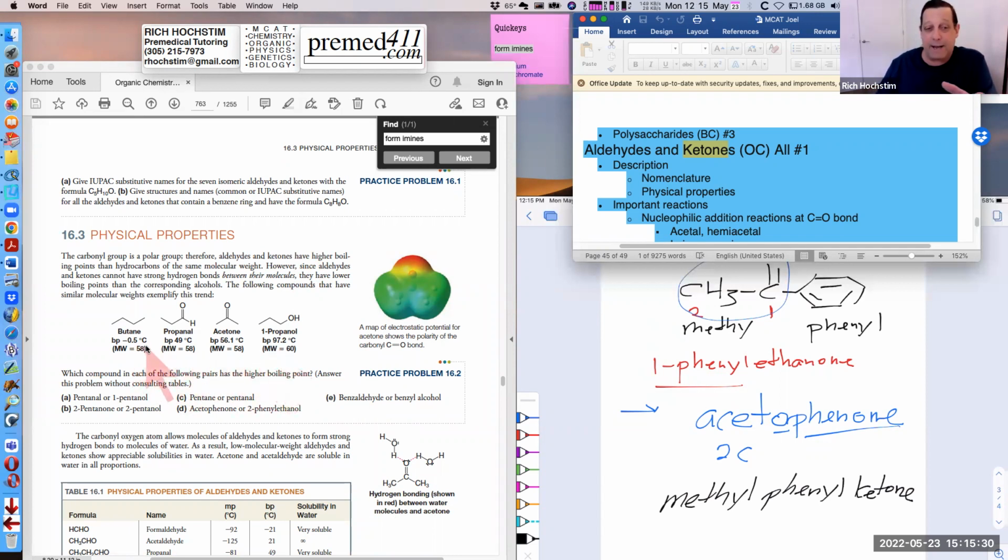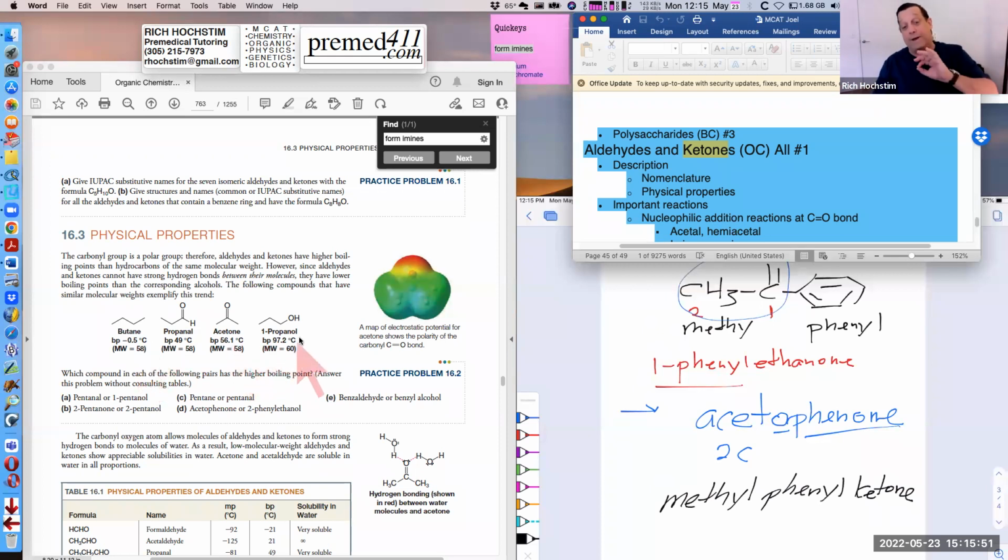Now, butane has no oxygen or nitrogen or fluorine. It's completely carbon and hydrogen. It's a hydrocarbon. So what that means is it's going to have really not a lot of intermolecular forces, just London dispersion forces. That means it's going to boil at a very low point.